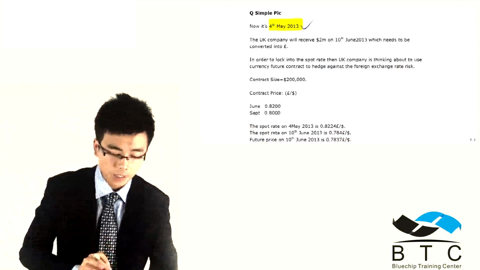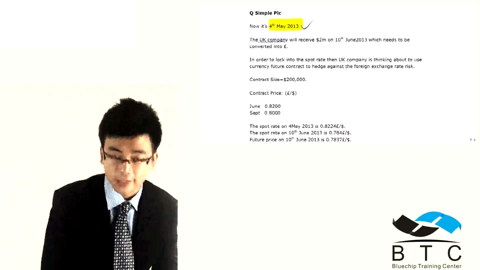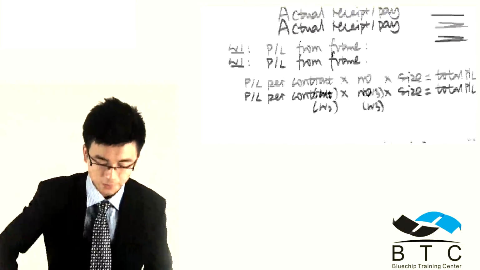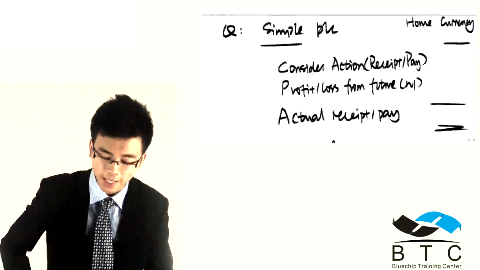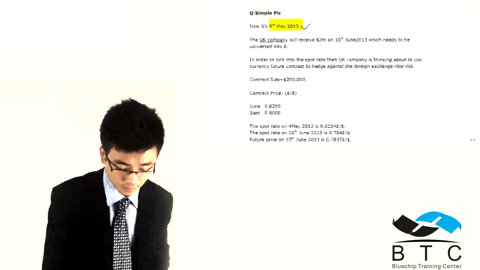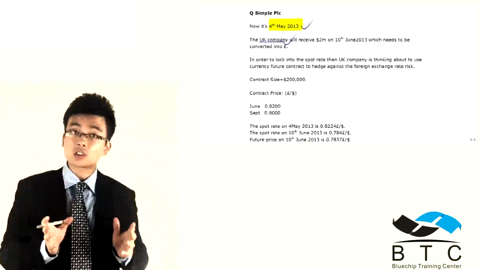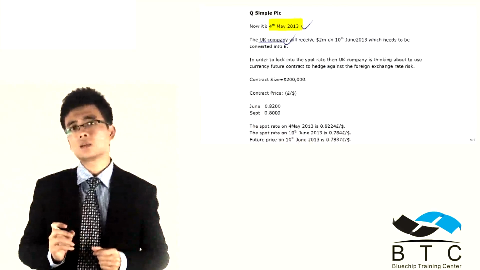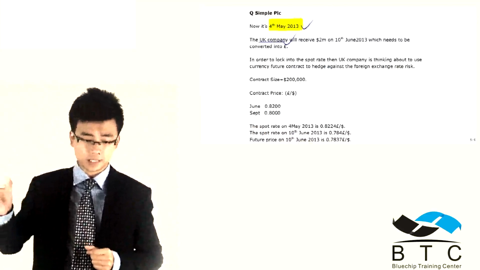So let me see here. We are in the UK because it's the UK company. So from that perspective, the home currency in the CPA over here is UK pounds, isn't it? So we tick that off. We receive $2 million. $2 million is the foreign currency, isn't it?